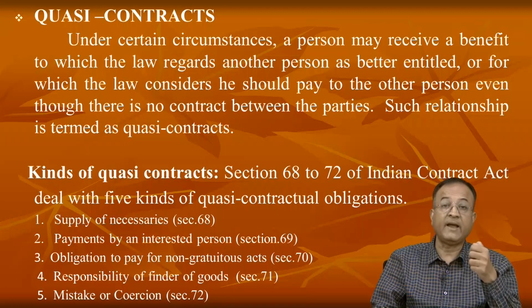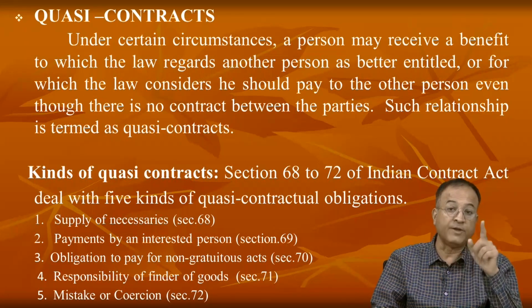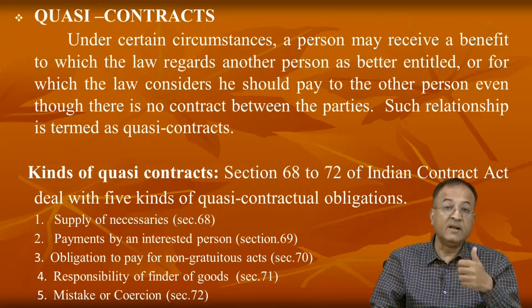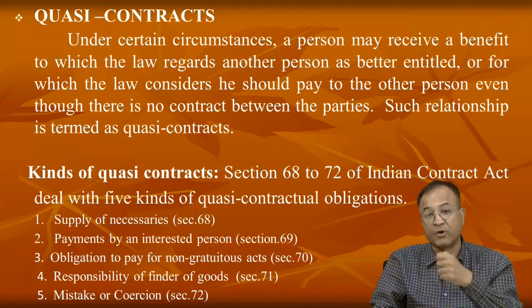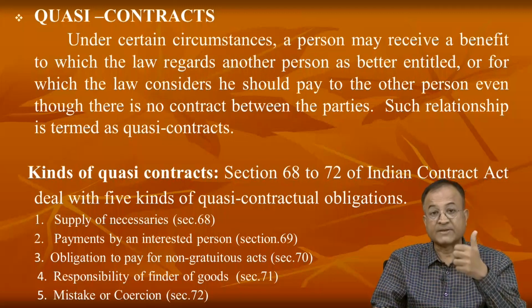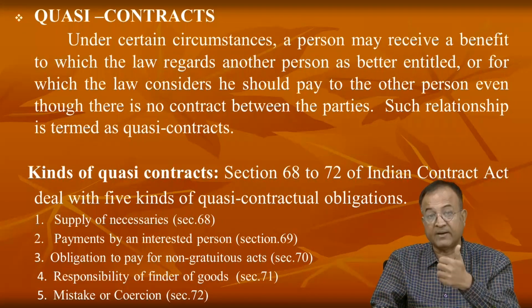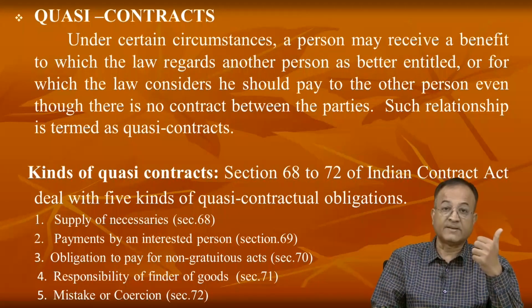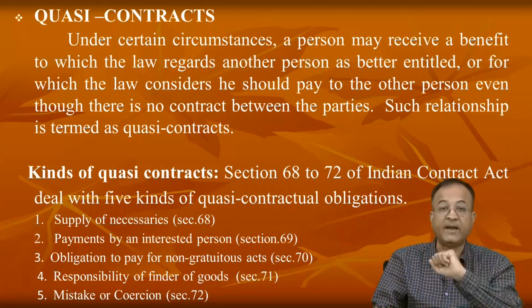Sections 68 to 72 of the Indian Contract Act deal with five kinds of quasi-contractual obligation. They are: first, supply of necessaries. Section 68.